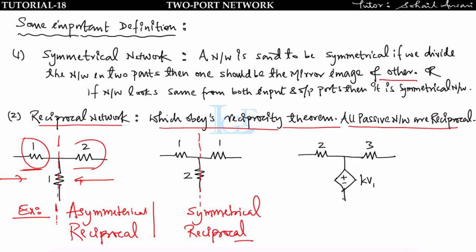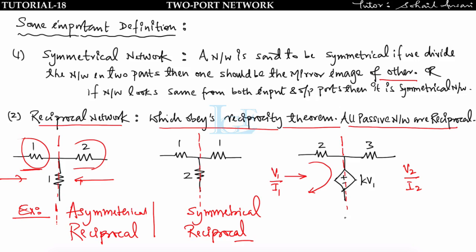Now take this example. If I divide this network from here, then I will get different input impedance. When I calculate V1 upon I1, I will get a different input impedance than V2 upon I2. Means V1 upon I1 is not equal to V2 upon I2, because here the resistance is 2 and here the resistance is 3.